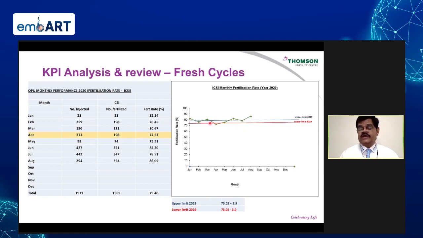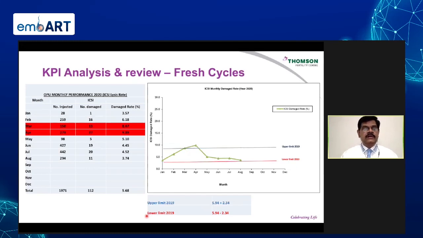Most of the time, we are all right. But in April, the fertilization dropped to 72%. So what's happening then? When I analyzed, I came to know that was when the COVID lockdown started in Singapore, and the Ministry of Health was restricting IVF centers from treating everybody, only those who were desperate and those who were older, for whom delaying the treatment should not affect their pregnancy chances.